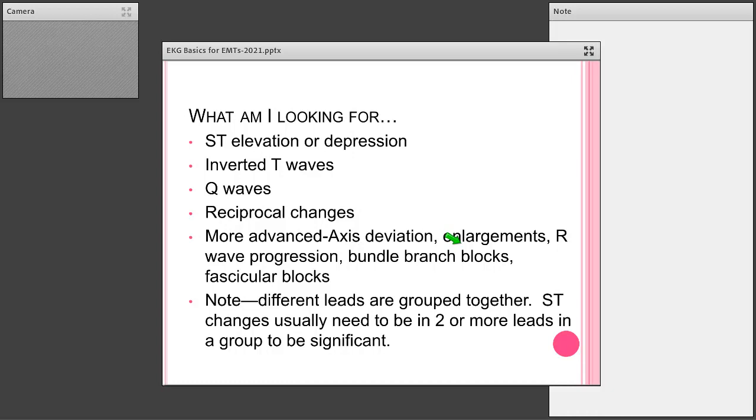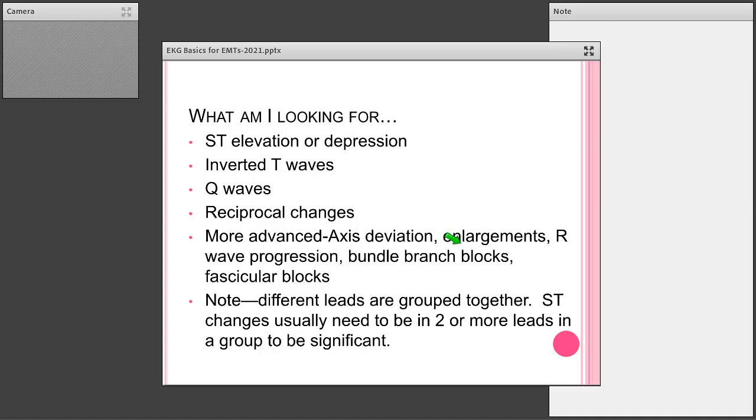So these are some things we're going to look for. We're going to look for ST elevation and depression, and that's looking at that ST segment. We're going to look for inverted T waves, Q waves. I'll talk about what reciprocal changes are, and then more advanced that we're not even going to talk about today, axis deviation and enlargement, bundle branch blocks, things like that.